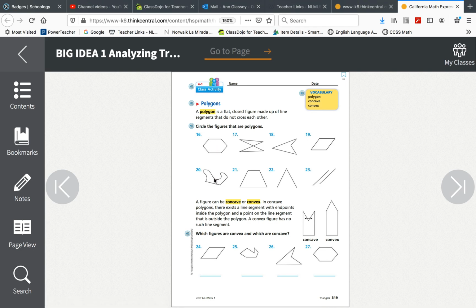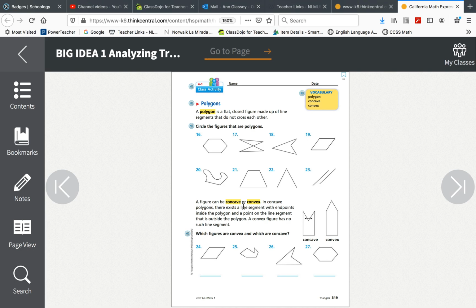Is this a flat, closed figure made up of line segments that do not cross each other? Decide whether you should circle it. Is this a flat, closed figure made up of line segments that do not cross each other? Is this a closed figure?